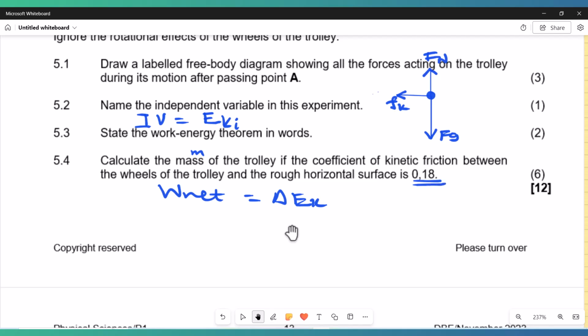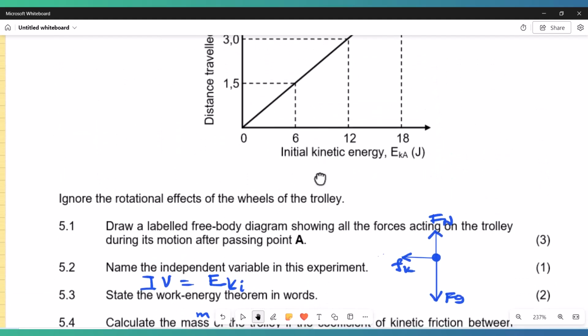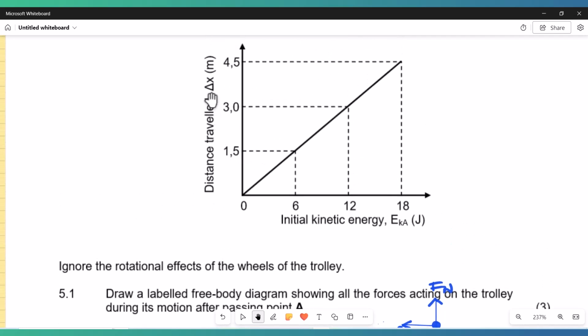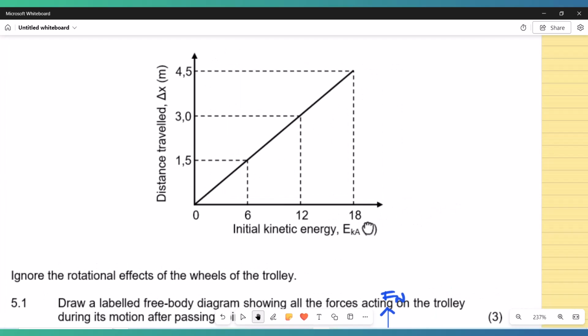Now, from our graphs there, what do we have? We have a graph of the displacement versus initial kinetic energy. So to get our mass of the trolley, what do we do here?